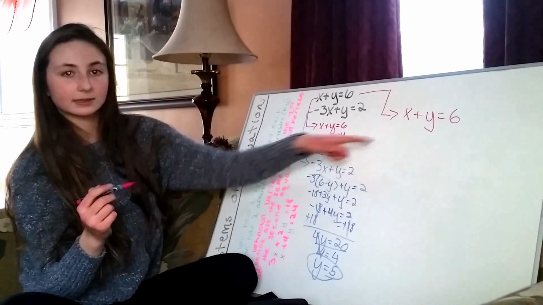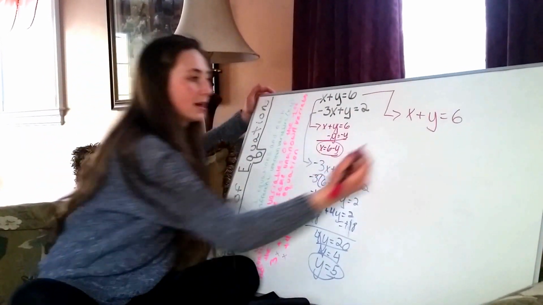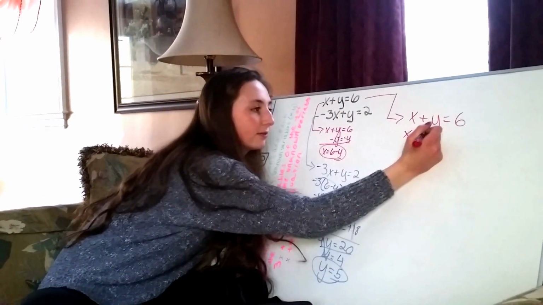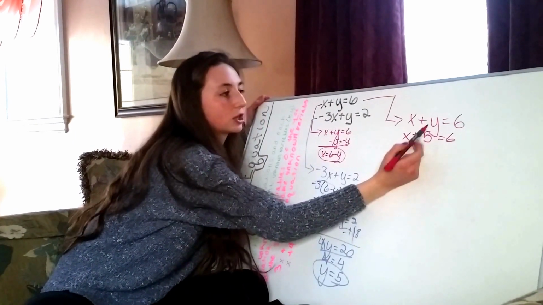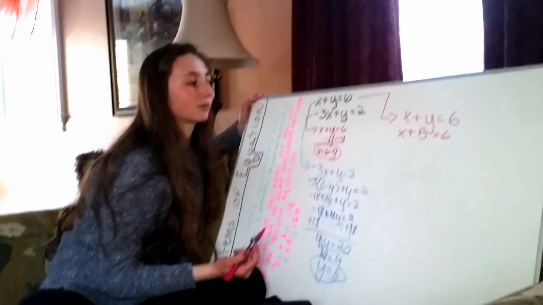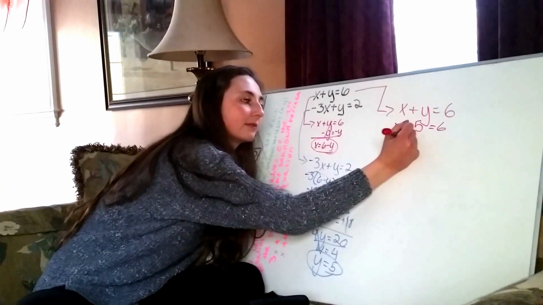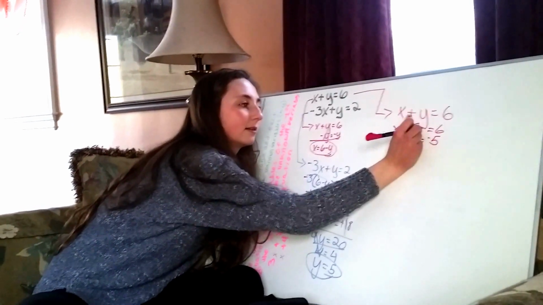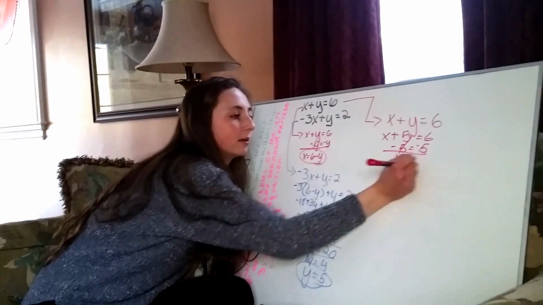Anytime we see a y in this equation, we're going to substitute it for this y value. So x plus y is equal to 5. x plus 5 is equal to 6. We just changed y to 5 because y and 5 are equal. Now we're going to solve this like a regular algebra problem to get the x value. So subtract 5 from both sides, and we have x is equal to 1.